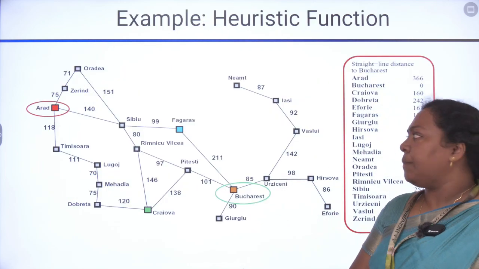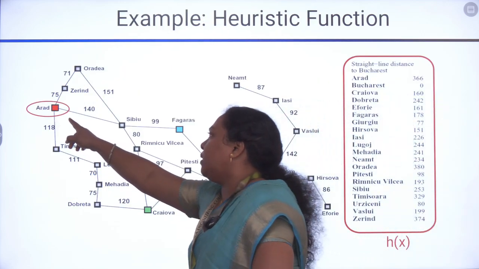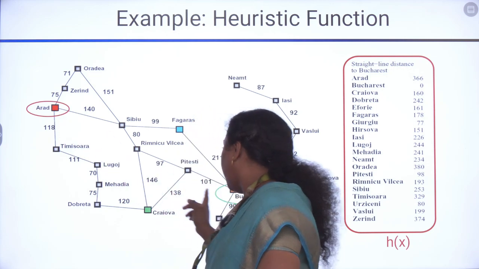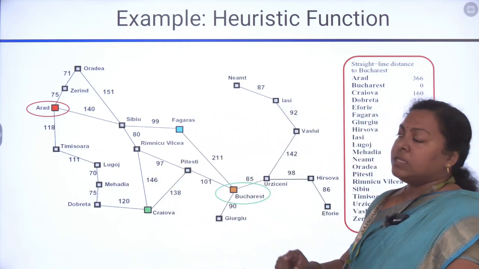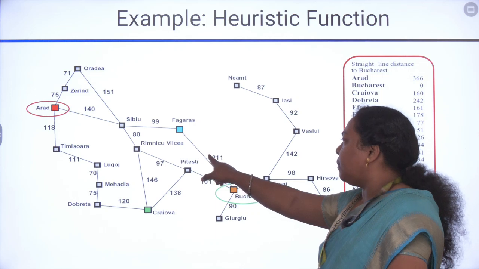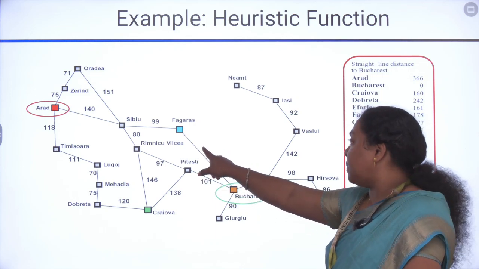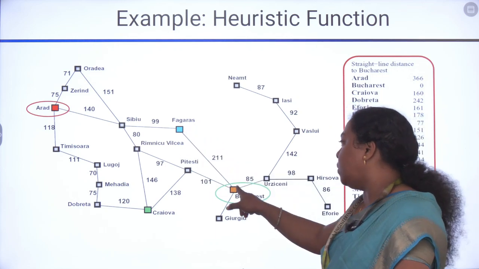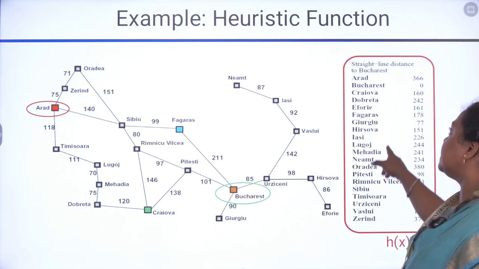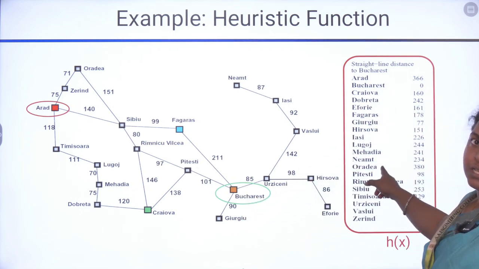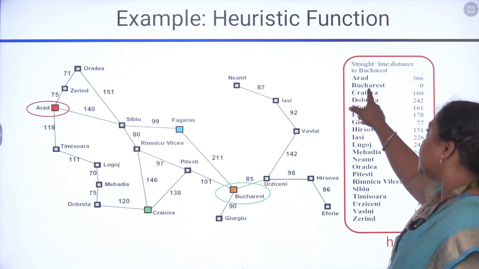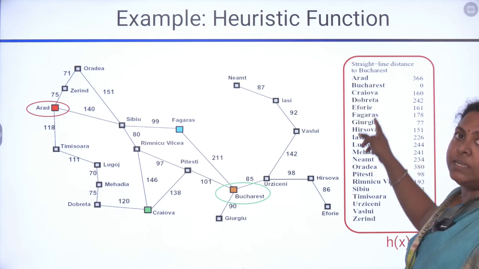So this is an example wherein we are going to find the path between Arad and Bucharest. Here this is the distance, the cost taken to travel from one node to another, and this is the straight line distance, which is called the heuristic function, which is helpful to reach the destination.